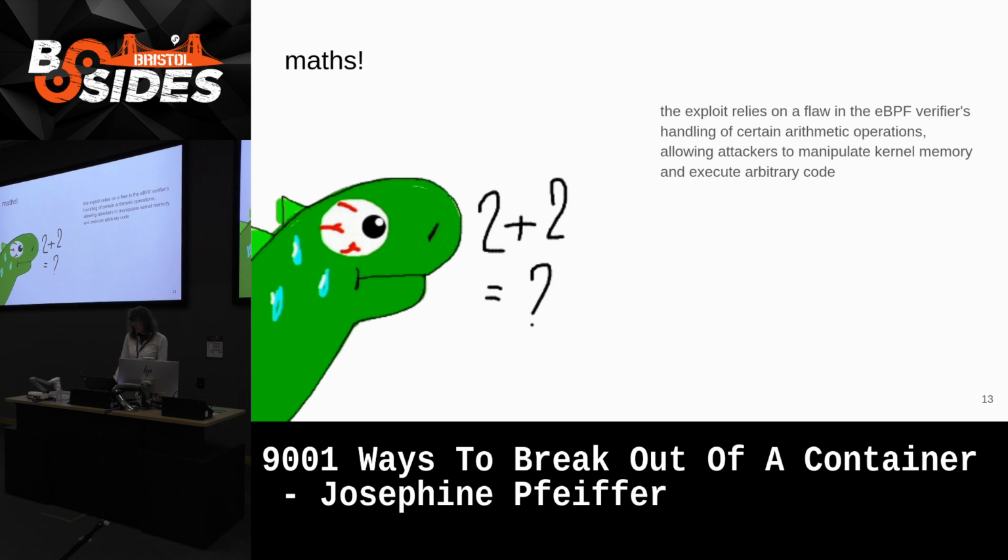And it works because only the true conditional path is analyzed by the verifier, and we can put whatever instructions we want in the false path, and the verifier will accept it. And the instructions in the dead path will then be patched. And you can manipulate the counter in there and cause an infinite loop.